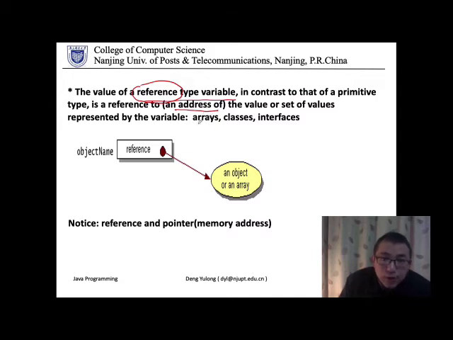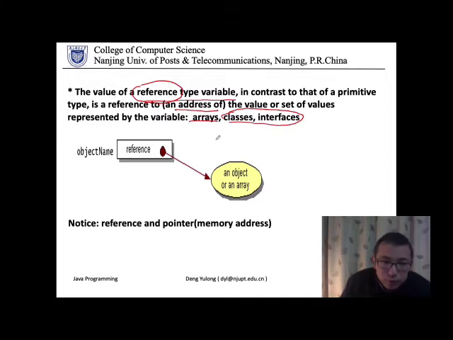Using the address, we can access the objects inside memory. The objects are arrays or other kinds of objects, which are created from a class or interface. So reference variables inside the Java programming language are very important. Because they are objects, we use reference variables to access objects inside memory.